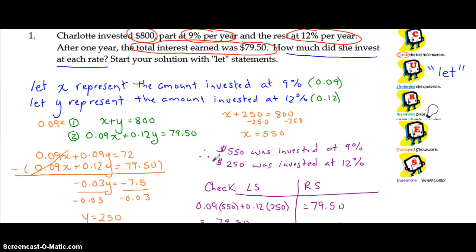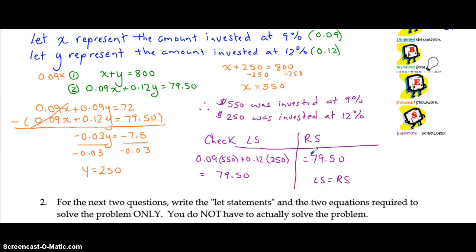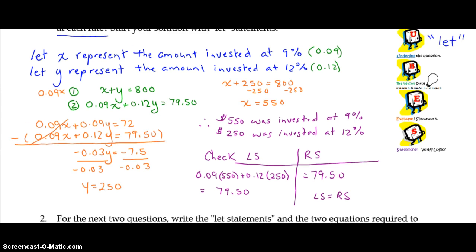So they took the other chunk of money, which was $250, which is the y value, and invested that in a different place at 12%. If you used equation 1 to figure out what your x value was, then you would use equation 2 to do your check, and you found that left side was equal to the right side. So that is the solution.